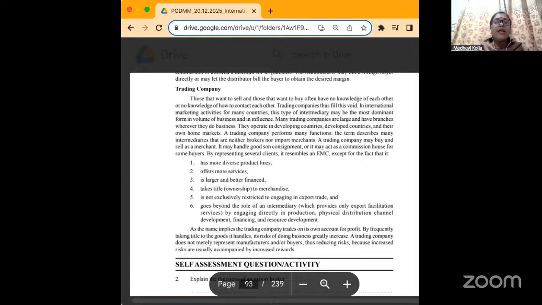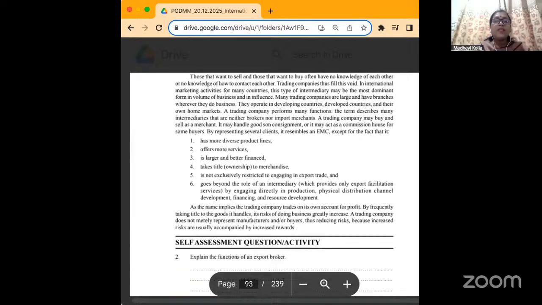So the product lines can be multiple. It can be soaps, it can be cosmetics, it can be shampoos. Again, diverse product lines, and the manufacturer may be the same for all of them. So it also offers more services. It's larger, with better finance. They take title to the ownership, and that means to the merchandise, and therefore they represent the merchandise, that is the product.